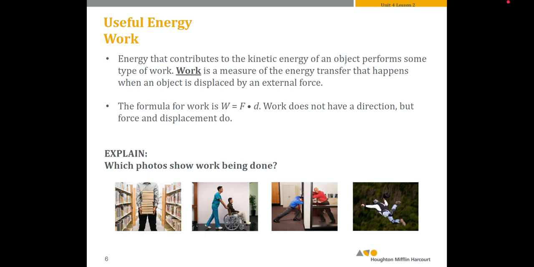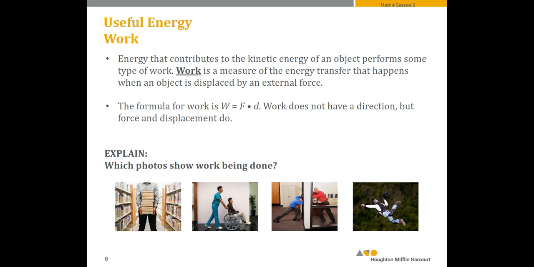And in the fourth picture, the skydiver. Well, this one's a little more interesting. Is there work being done? Well, the person's not doing work, right? The person's just falling. But is there a force exerted on the person? Yes. There is gravity being exerted on that person.